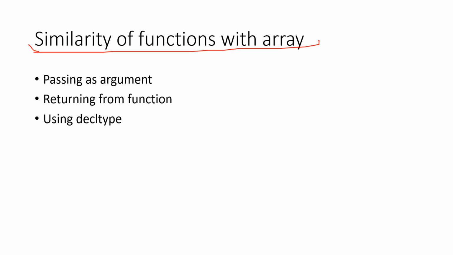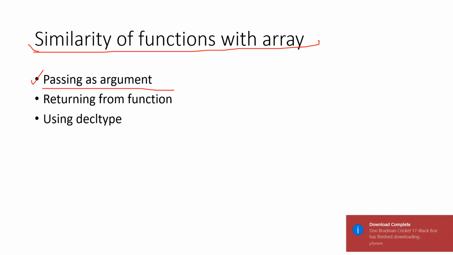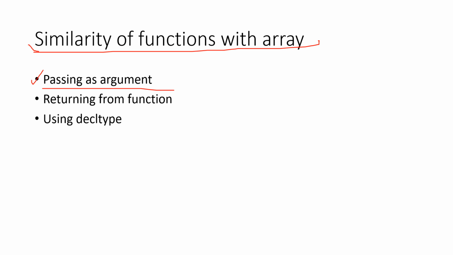So there is this basic similarity that whenever you pass your array into the function as an argument, it is automatically converted to your pointer. Similarly, whenever you pass your function as an argument to another function, then also it is automatically converted to your pointer to function type.